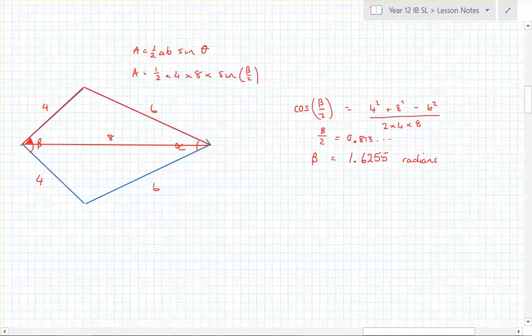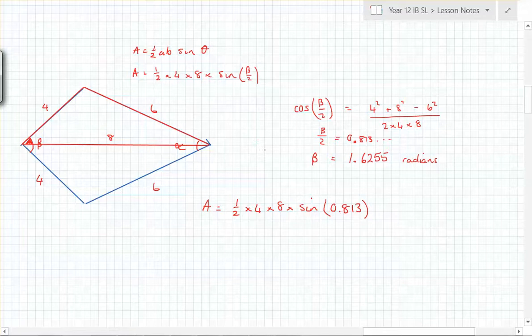Do you agree? Now, this is why we need it in radians. What is the area of this triangle now? The area will be 1/2 times 4 times 8 times the sine of 0.813 in radians, because we only want beta over 2 for the triangle.